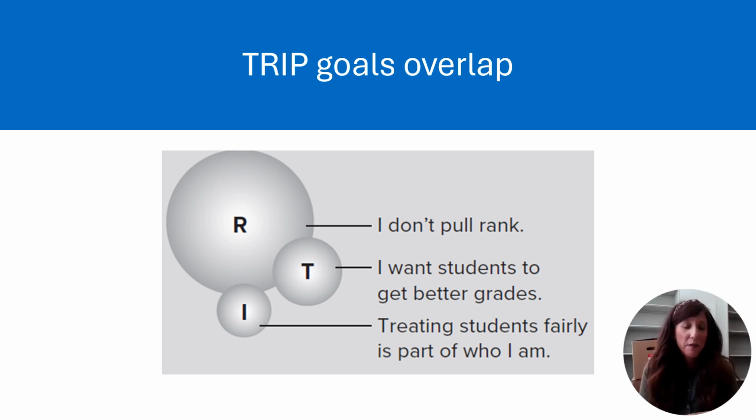Simultaneously, though, the professor may have some other goals going on, right? They may be trying to figure out how to come up with an outcome that also allows the students to earn good grades, and yet also allows the professor to feel like they are a fair professor and that they are in fact treating all students fairly and not, maybe favoring one student over the other.